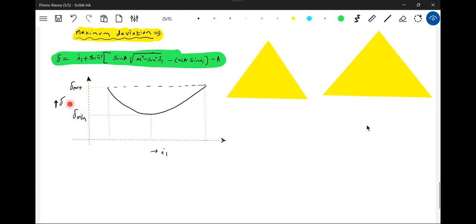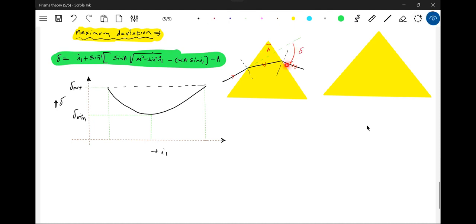So what is this deviation? Let me just once again brush up. Here the ray after undergoing refraction. Okay, this is the emergent ray, this is the refracted ray, this is the incident ray, angle of prism. So the deviation, what we were discussing is this, with the red color I will show it.